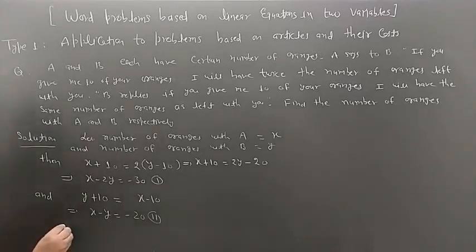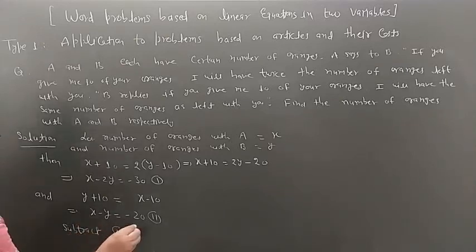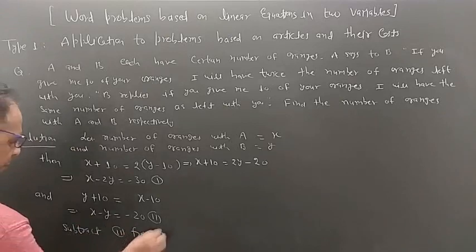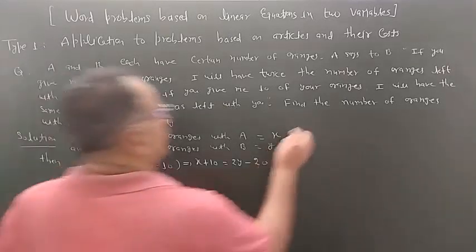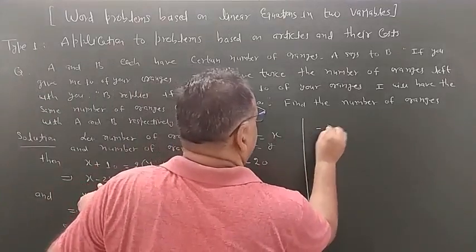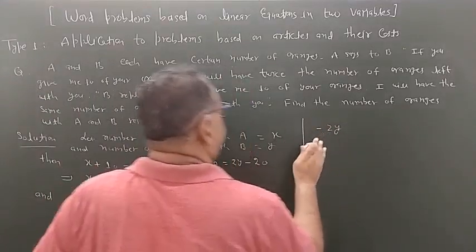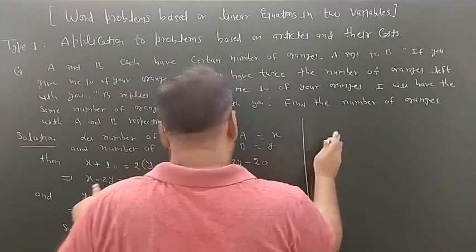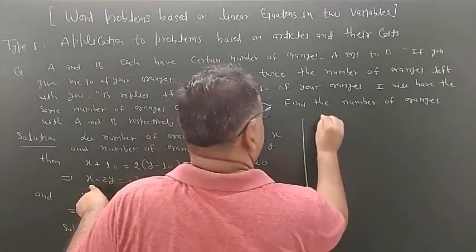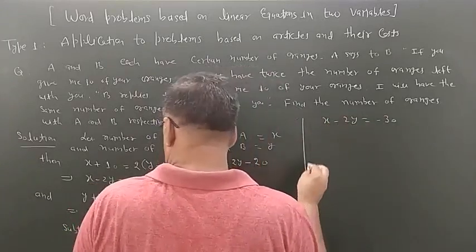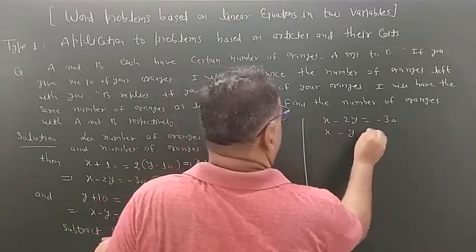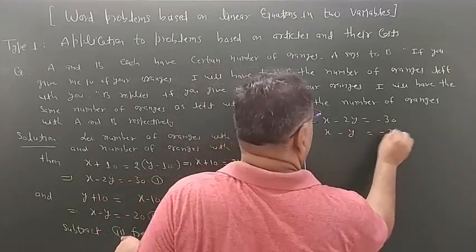So subtract second from first. So X and X cancel out, this becomes minus 2Y, or you can write X minus 2Y equal to minus 30, X minus Y equal to minus 20.